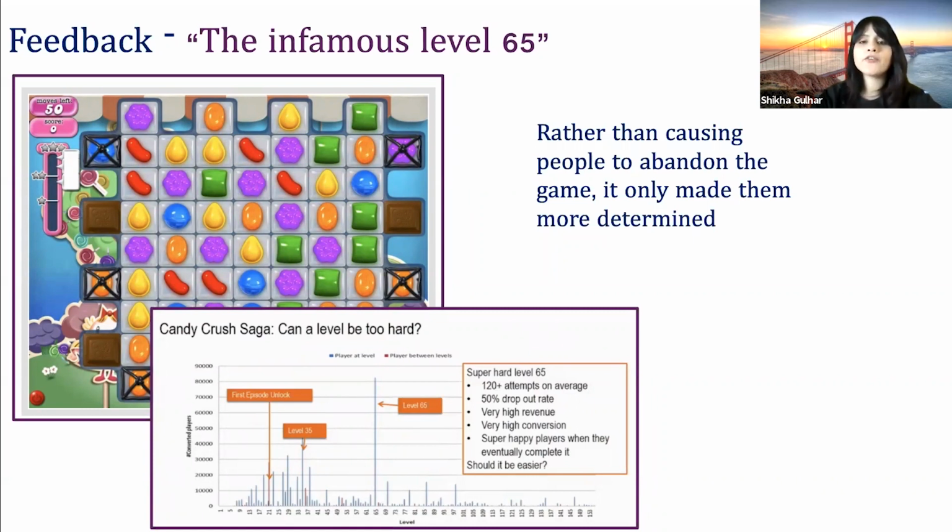But instead of becoming a reason for abandoning the game or demotivating people, this started to show up as a very strong trigger, and hence they started capturing very high revenue and higher conversion, which meant that people were coming again and again playing this game to crack this level, and also new users joined this game just to reach level 65 and try to solve it.